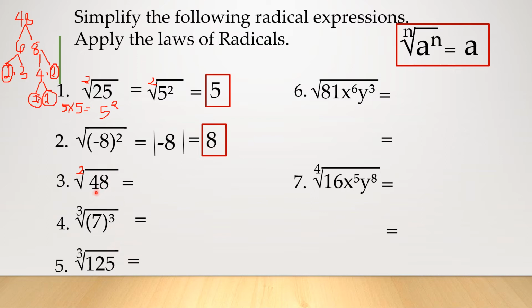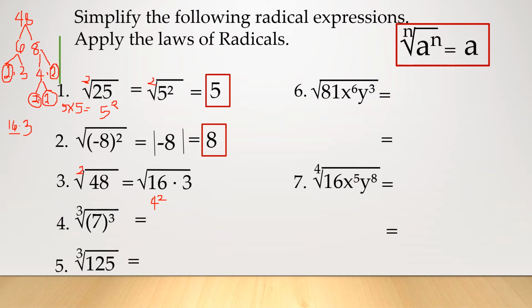Now, it means that we can rewrite 48 as 16 times 3. Okay, so 16 times 3. And we now know that 16 can be written in exponential form as 4 squared.